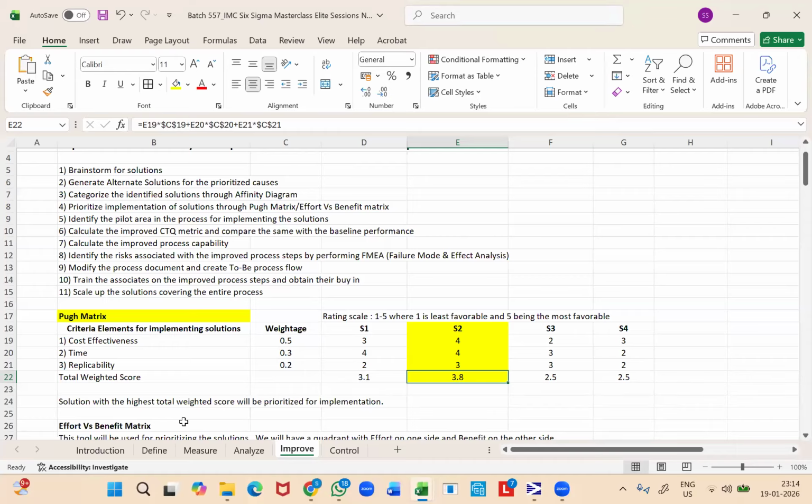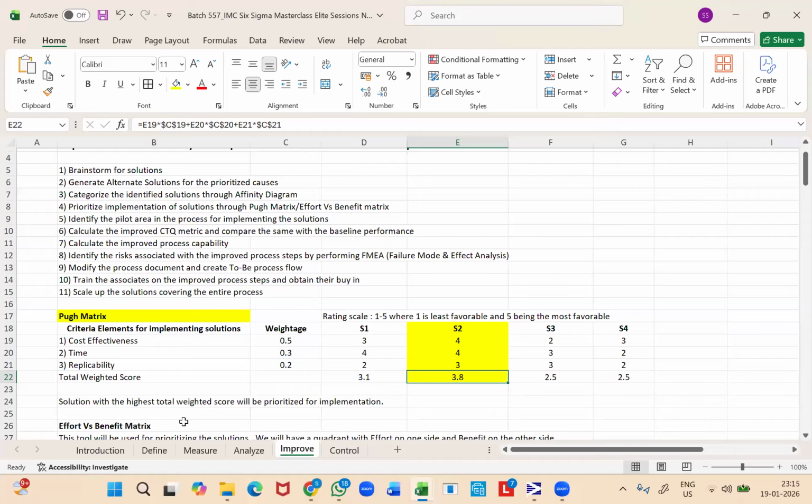Say, for example, you have plenty of options to visit a restaurant and you're totally confused which one to visit. So you can perform this Pugh matrix exercise, right? You can finalize the criteria elements you would consider for visiting a restaurant, and then assign weightage for each of these criteria elements based on the importance you plan to give them.